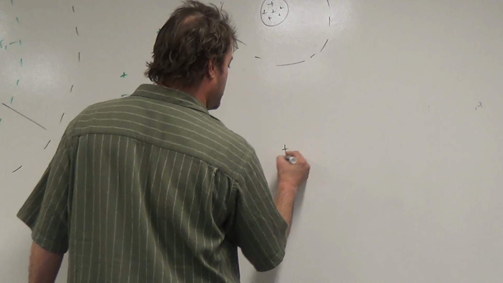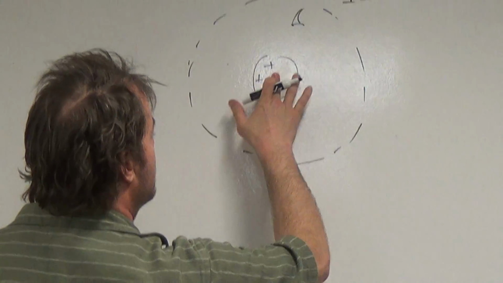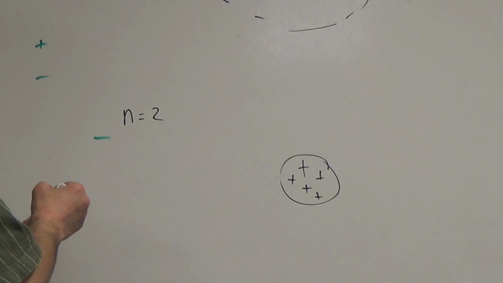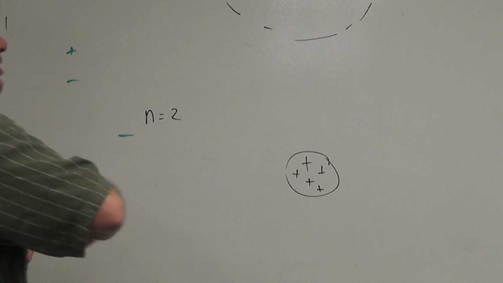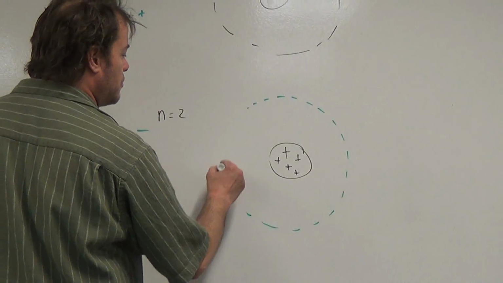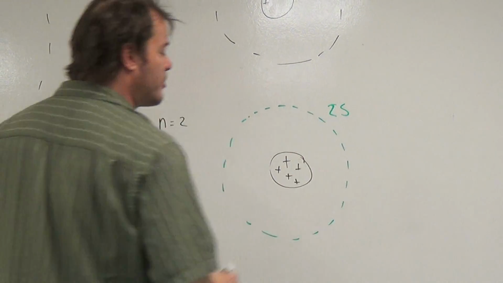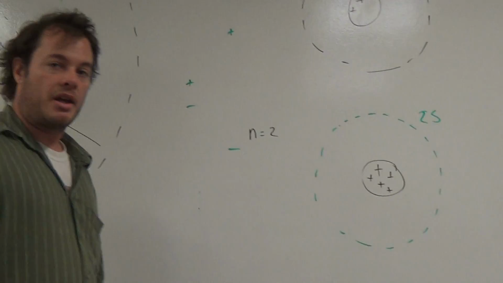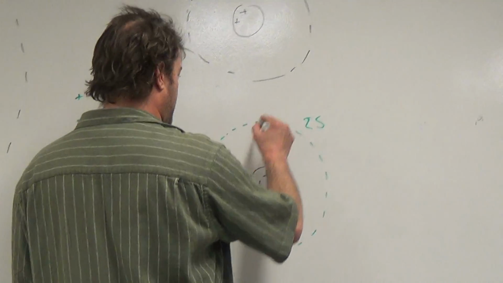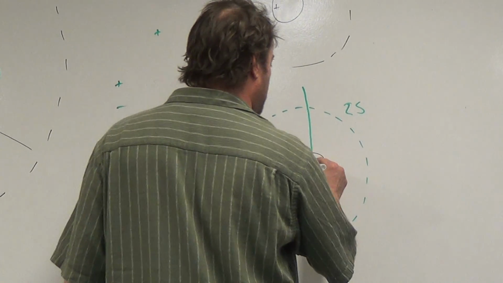Let's draw this guy again. I put too many protons in there for the n equals 1. N equals 2, you've got this spherical orbital called the 2s orbital. But in addition to that, more volume around that nucleus, we have 3 more orbitals.